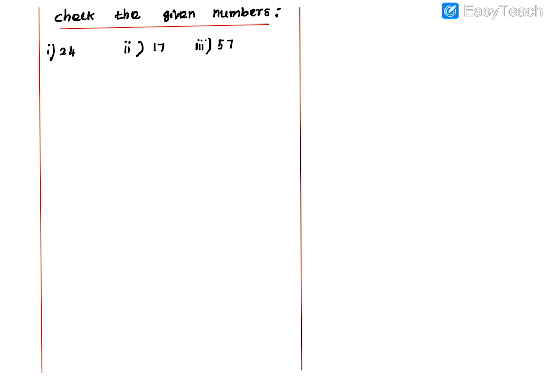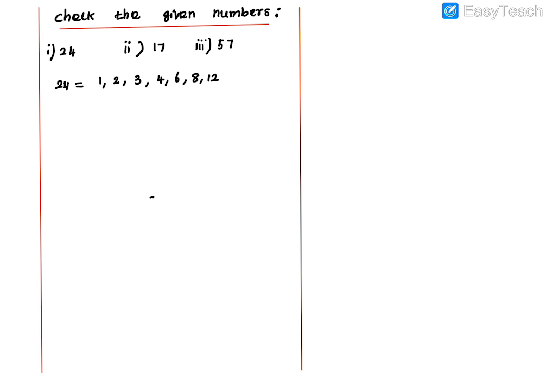First one, 24. So for 24, we have to write that first table it will divide, second table it will divide, third table it will divide, fourth table, then fifth table it will not divide, and the sixth table it will divide completely. Seventh table it will not divide, eighth table it will divide, ninth it will not divide, 10 no way, 11 no, and 12.